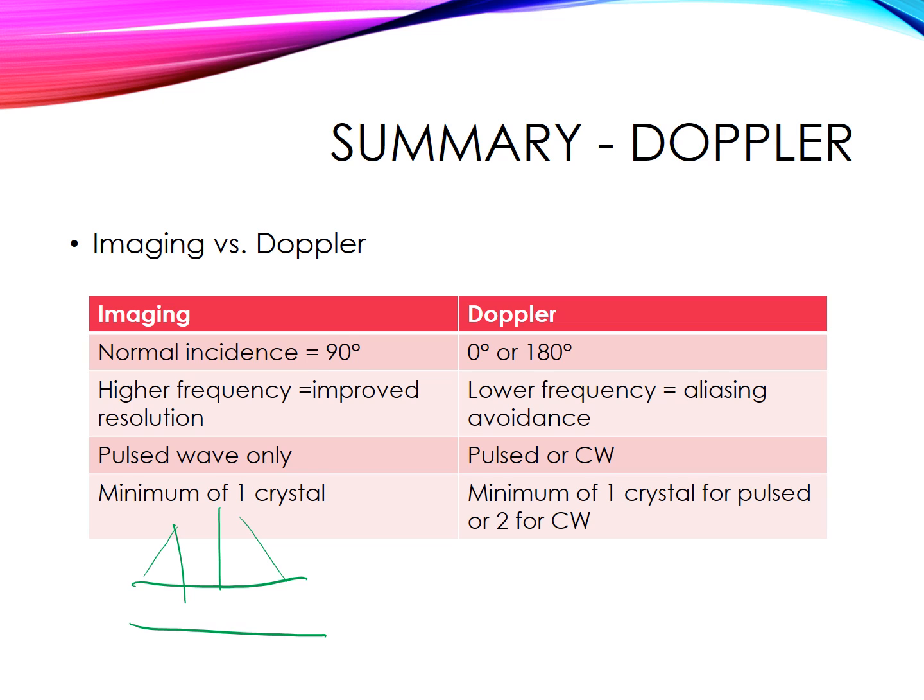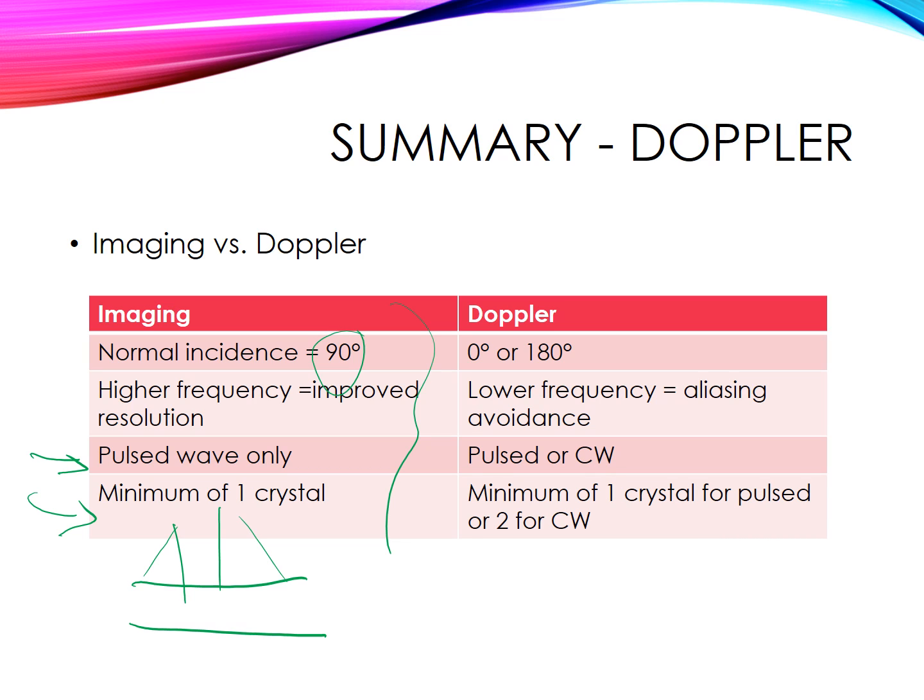So when we're doing real imaging, we try to go for that 90 degrees. Also, as we increase our frequency, we're going to improve our resolution, which just gives us nice, clearer, crisper borders. We have to use pulse wave, otherwise we would not get anatomical imaging, which requires a minimum of at least one crystal in our transducers. So these are kind of all imaging factors that we consider.